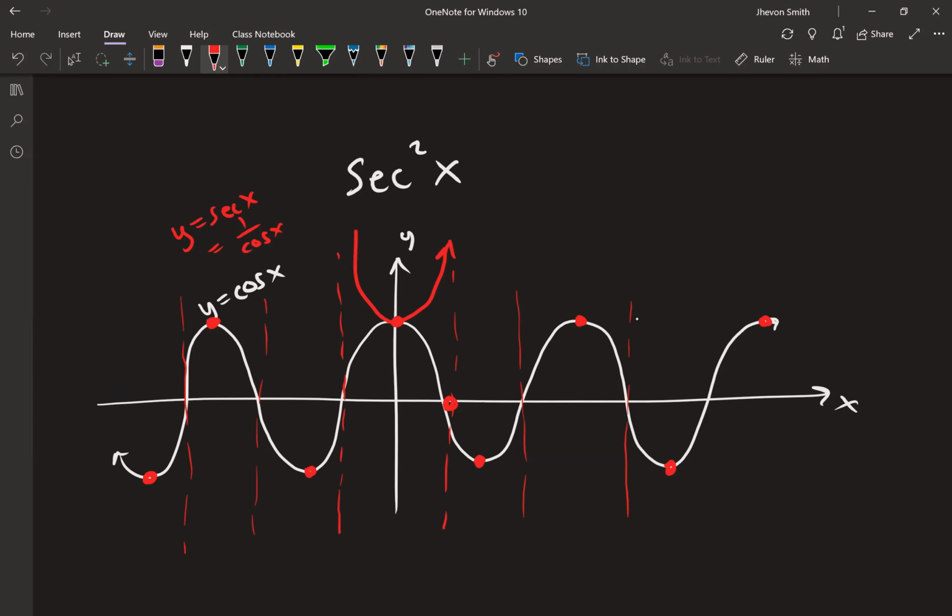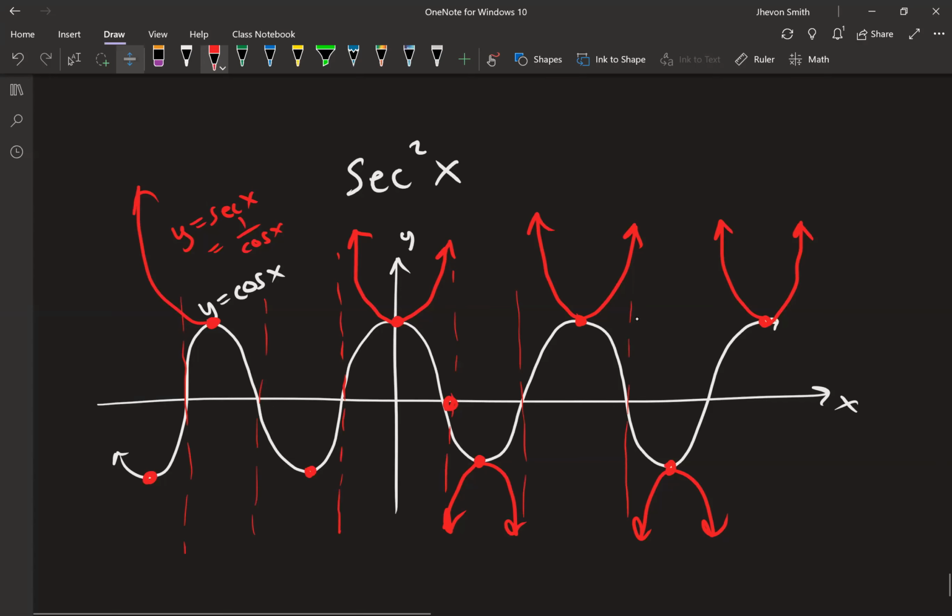So this guy is going to shoot up that way, and this guy is going to shoot up that way.